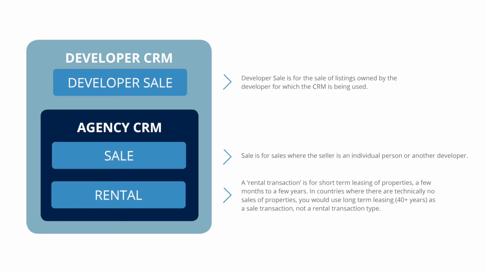In the agency version of our CRM, you will only have access to the sale and rent transaction types. A rent transaction is for a short-term leasing of properties, a few months to a few years, and in countries where there are technically no sales of properties, you would use a long-term leasing, which is 40 years or plus, as a sales transaction, not a rent transaction type.